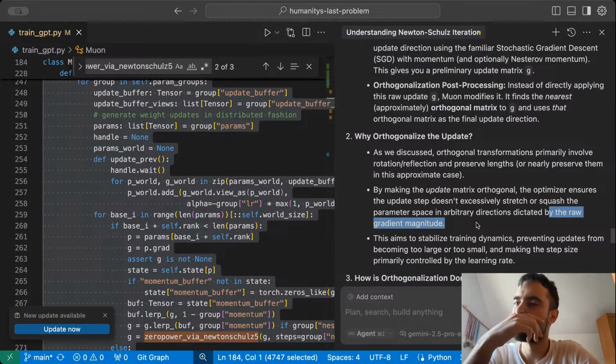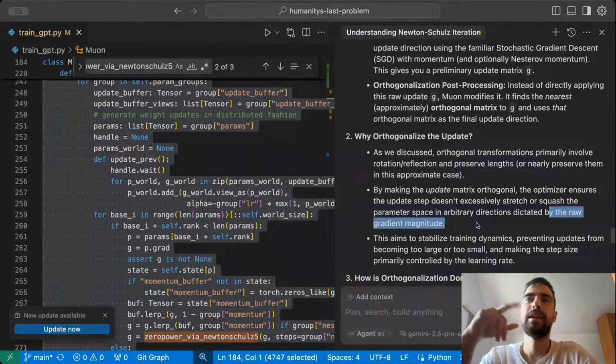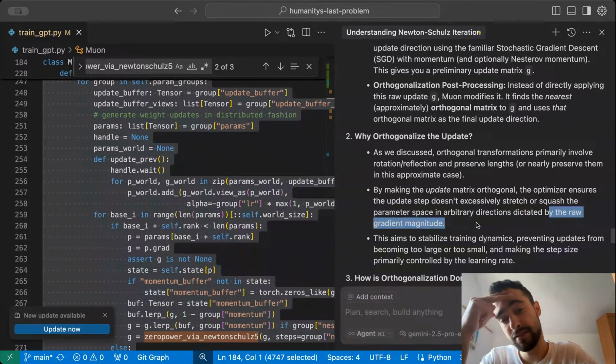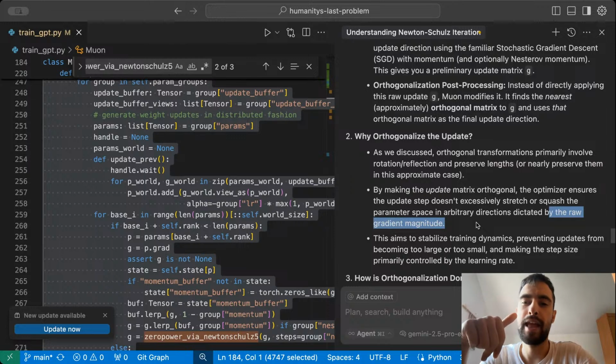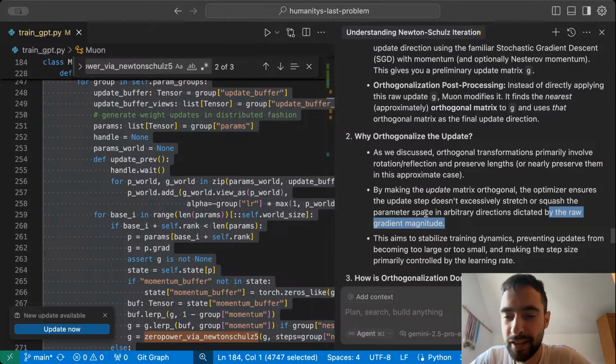Okay, so I guess this is the logic. Gradient magnitude is showing you which direction to update, but that may not be the best for some reason, and somehow we will improve it. I don't know why and how.